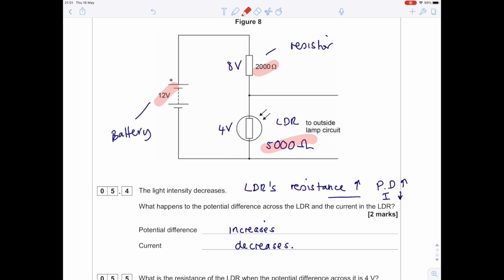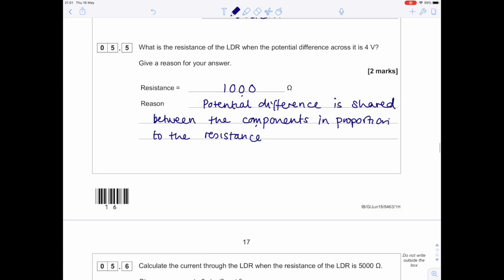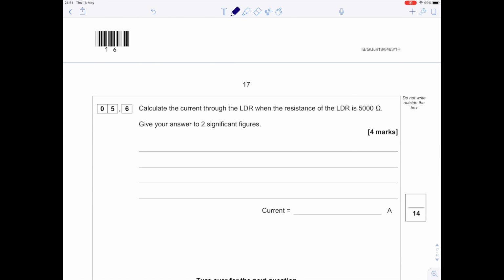making the total resistance of this circuit 7,000 ohms. So we know the resistance is 7,000, we know the potential difference of voltage is 12 volts, so we're after current, which is potential difference divided by resistance.